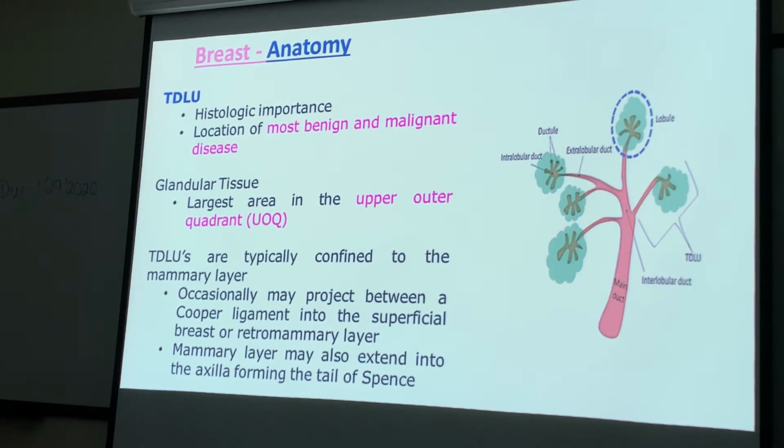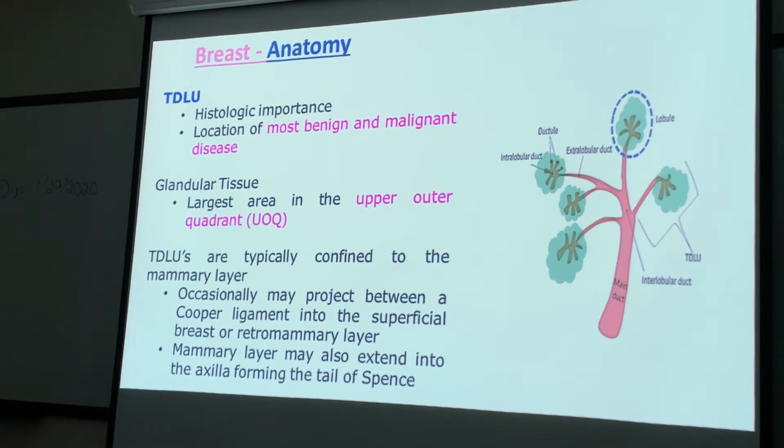You see the duct tools right there, also known as what, guys? What are these little duct tools called? Acini or alveoli?